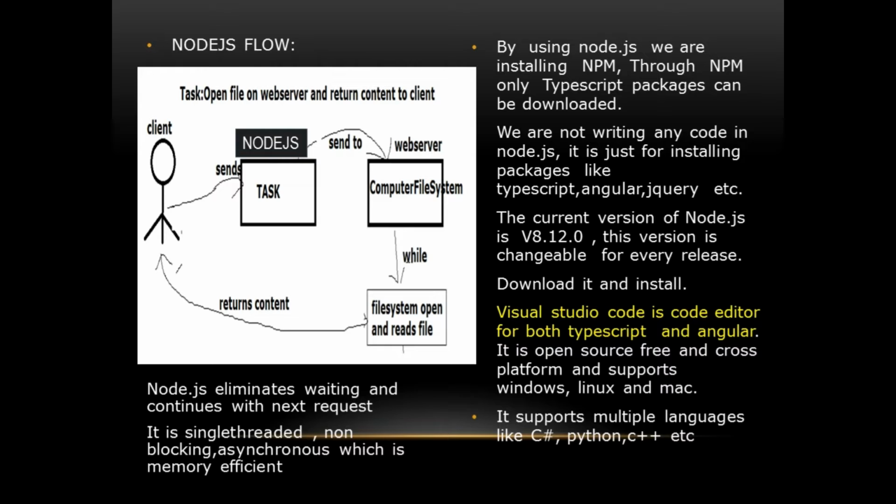By installing Node.js, we get npm. Through npm only, TypeScript packages can be downloaded. npm is the Node package manager. We are not writing any code in Node.js, since Node programming is separate. It is actually a separate programming language, a server side programming, and that is different.